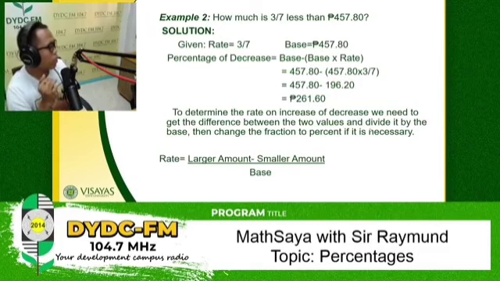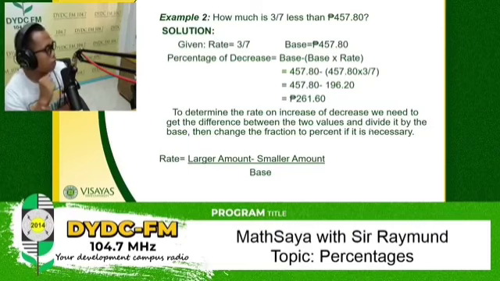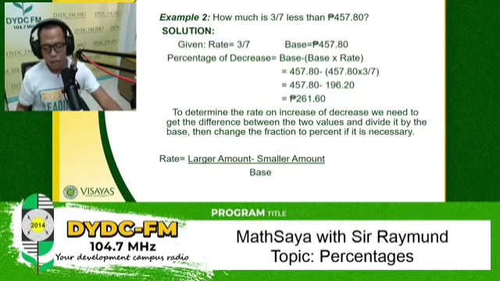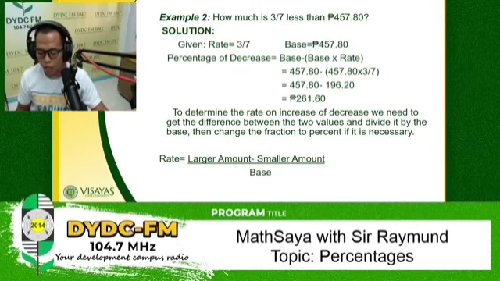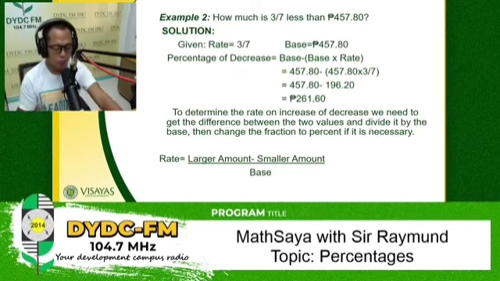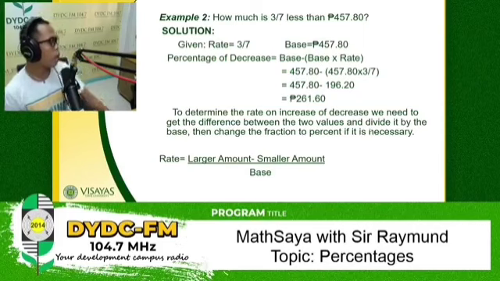So to determine the rate of increase or decrease, we need to get the difference between the two values and divide it by the base. Then change the fraction to percent if it is necessary. How to change? You just have to multiply the decimal form by 100 to make it a percent form. Okay?